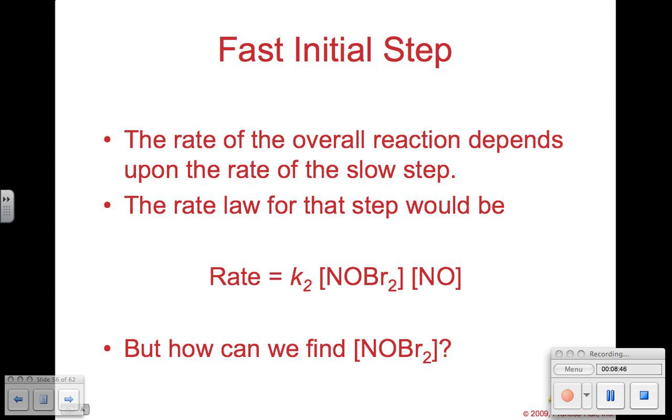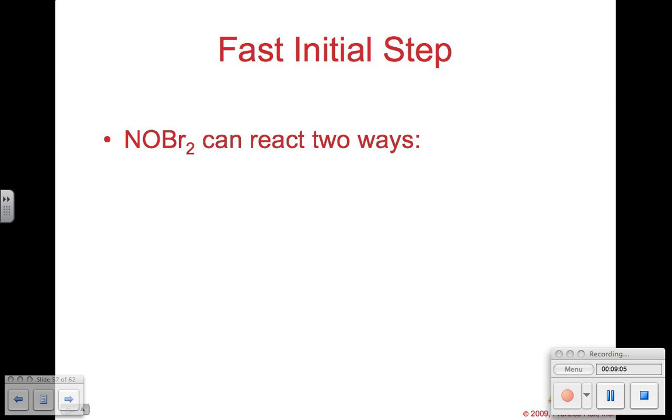So the rate law for that step would be: rate is equal to k2, the constant, times the two reactants there, the concentration of NOBr2 times the concentration of NO. But we need to find the concentration of NOBr2 because we don't know that.